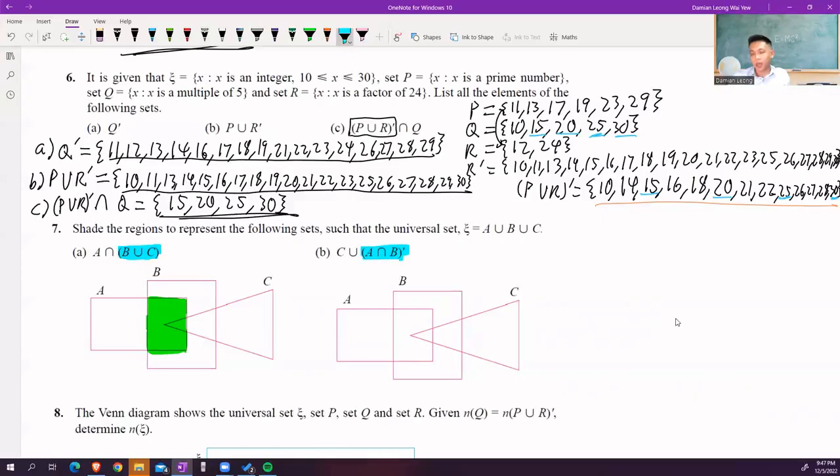Like the part B. If you look at this, A intersect B bracket complement. A intersect B is here. Complement means everything outside of it. So it's here, all this and inside here as well.